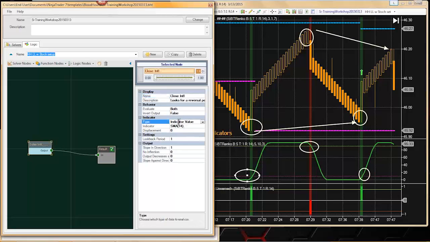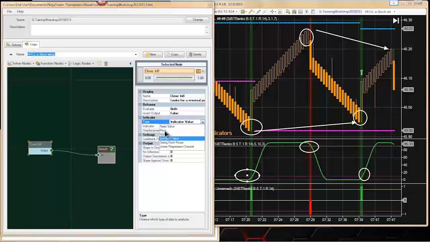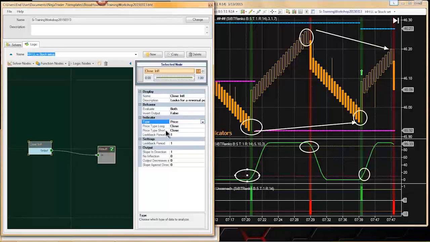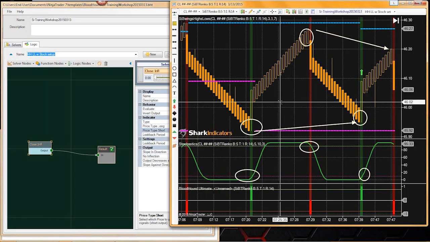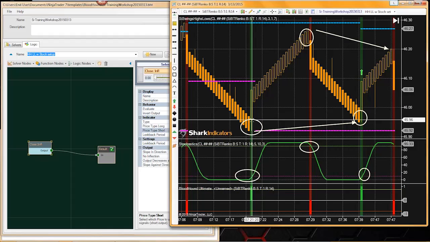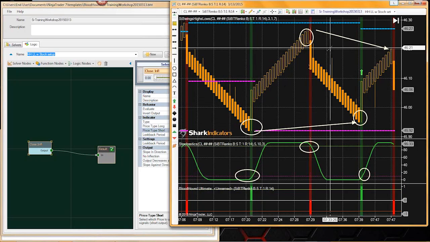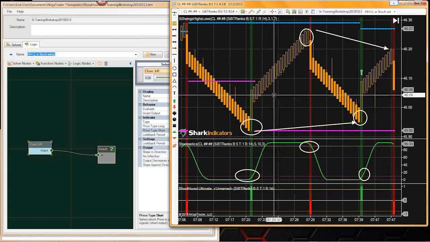Inflection is just a fancy mathematical term for a reversal or a change in direction. So we're going to use price, and we're going to use the closing price, and there we go. There's that. So, looking for the price reversal, that's the easy part.